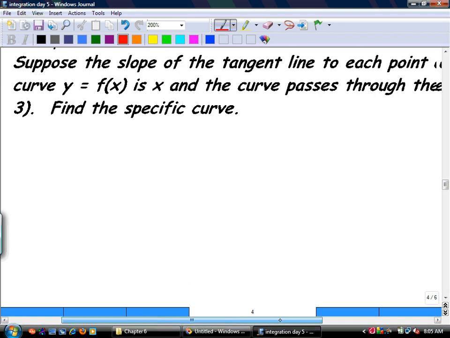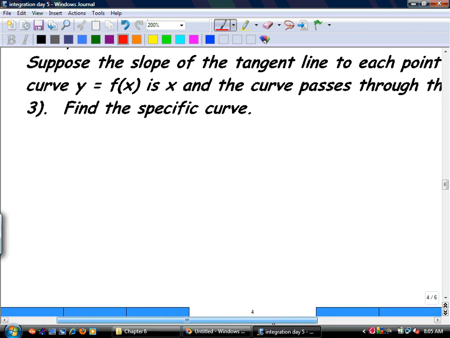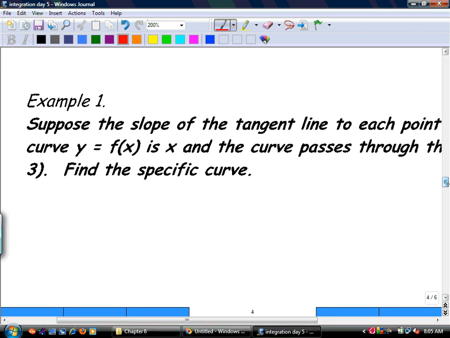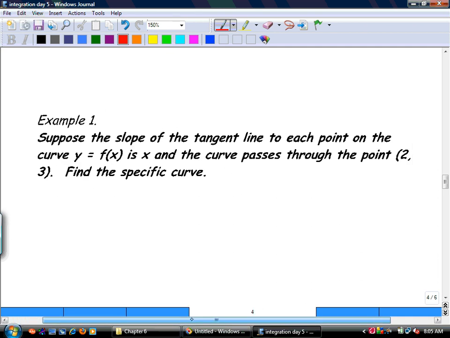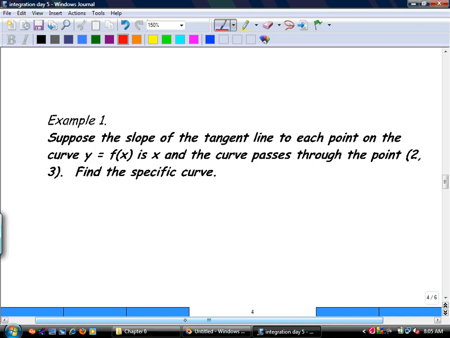Suppose the slope of the tangent line to each point of the curve y equals f of x is x, and the curve passes through 2, 3, find the specific curve. I got to read the question.